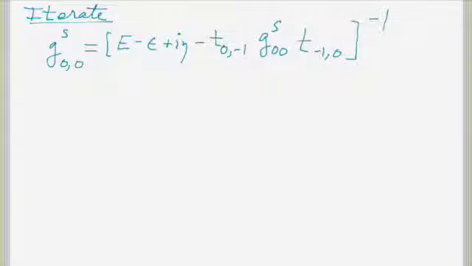So the first thing we do is put in this convergence factor eta, a small imaginary term there. And eta kind of depends on the problem and what you're doing. You can do a lot of things with eta, which we will talk about later. For now, you can just think of it as a convergence factor.